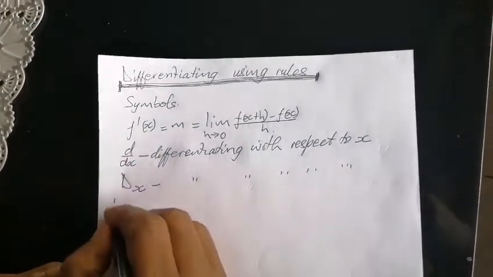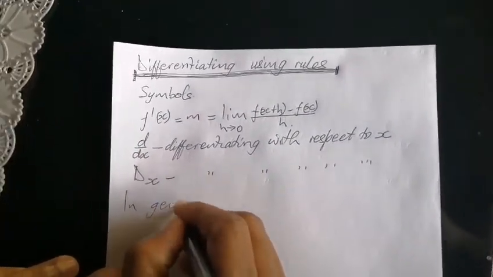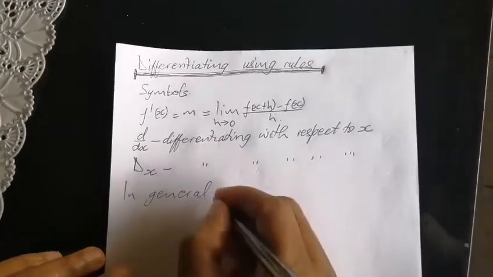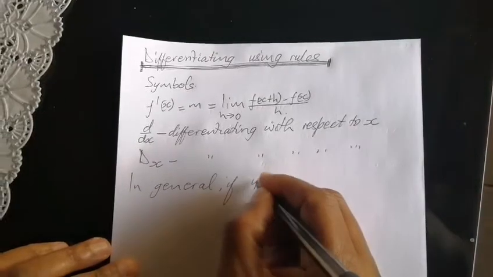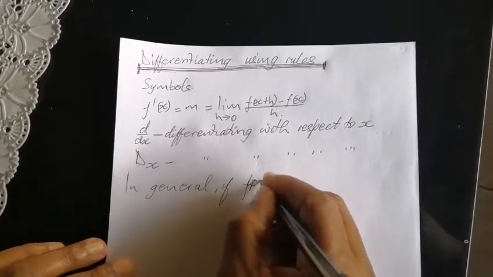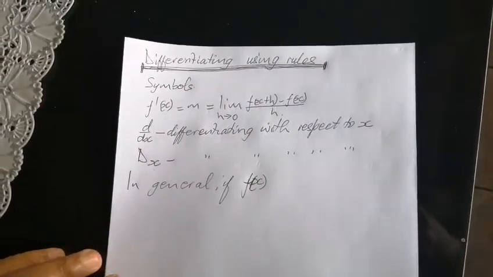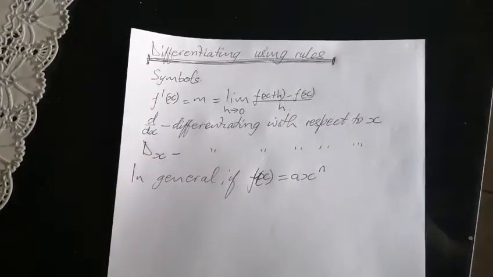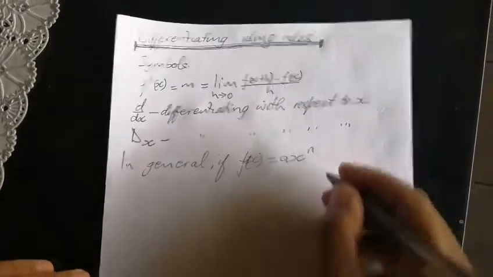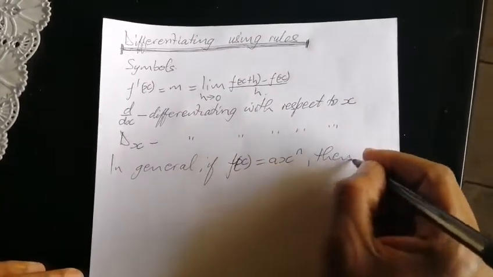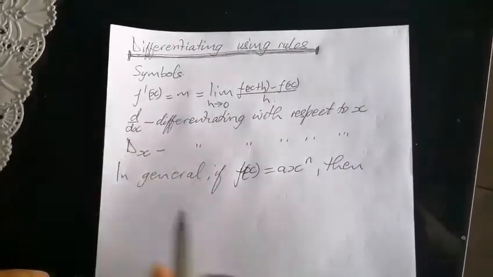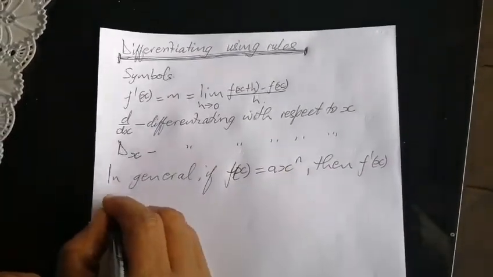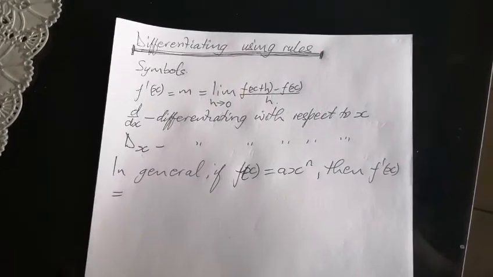In general, if we have a function f of x equal to a x to the power n, then f dash of x will be given by, this is the procedure, it's a rule.